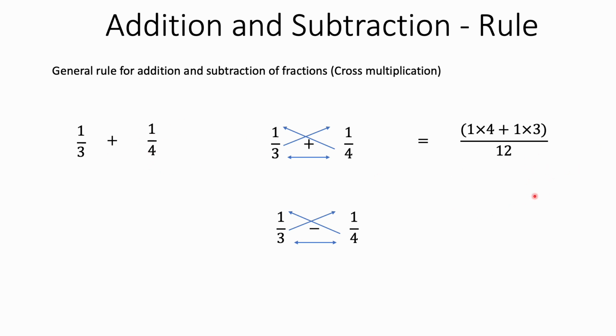Similarly, 1/3 minus 1/4 is the same expression, but you subtract: 4 times 1 minus 1 times 3, over 12. Here, I didn't complete the calculation: 1 times 4 is 4 and 1 times 3 is 3. First you multiply and then you add. So that's 7/12, and here it's 4 minus 3, that's 1/12. Got it?